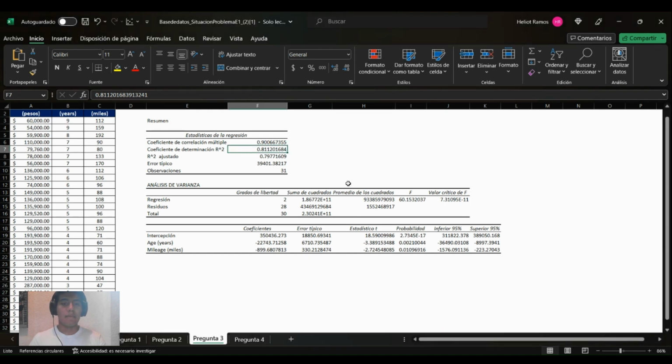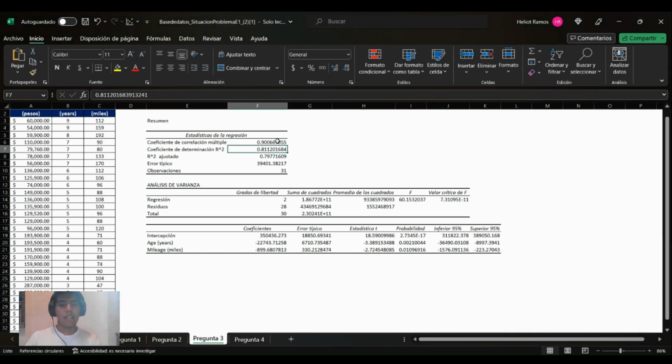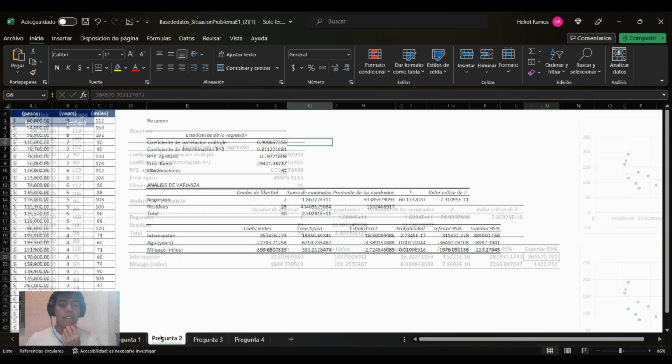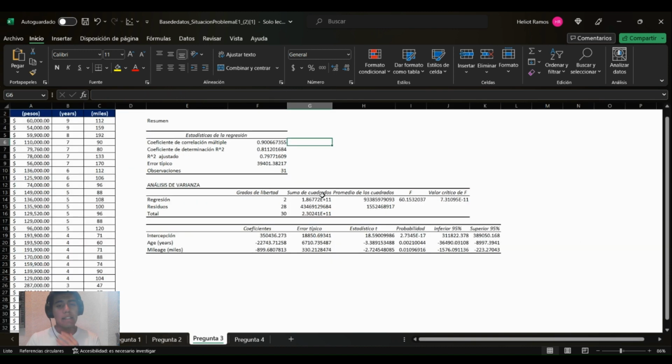We have basically an 81% variation explained by the mileage and the age of the car. And an interesting point here is that normally we calculate this correlation value in Excel using the CORREL function, as Excel only gives us the positive values for the correlation coefficient.